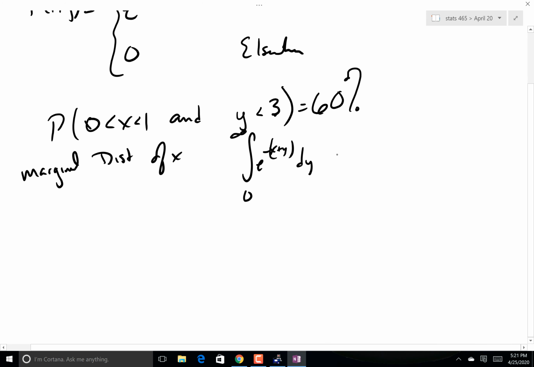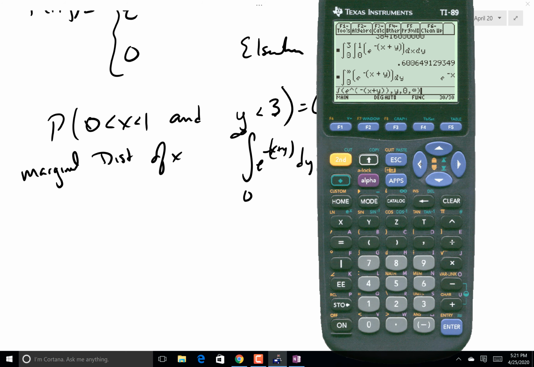E to the negative x. Well, I wonder what the marginal with respect to y would be. Well, it doesn't take a rocket surgeon to see it's going to be exactly the same, right?